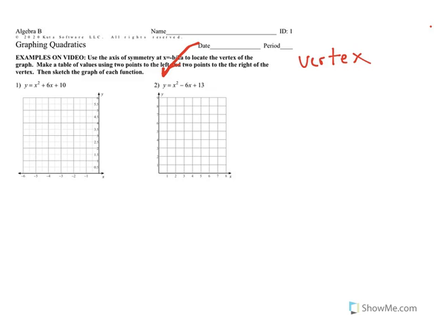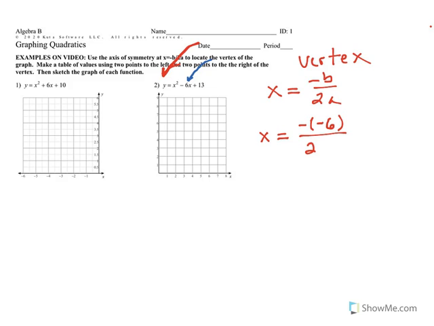And remember, the vertex is going to happen at opposite B over 2A. So it's going to be negative, and what's the B value? The B value is that middle term on the variable x. So the B value is negative 6. So it's negative the B value, and the B value is negative 6, so we get 2 negatives in a row, over 2 times the A value.